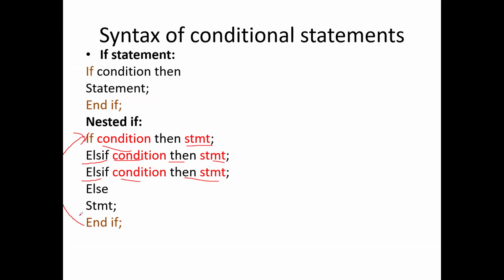So this is the structure of nested if. You can use nested if in order to find the greatest of three numbers. For that logic, you can make use of nested if, that is, in this else if you need to write the condition. So this is the syntax of your nested if in PL/SQL.